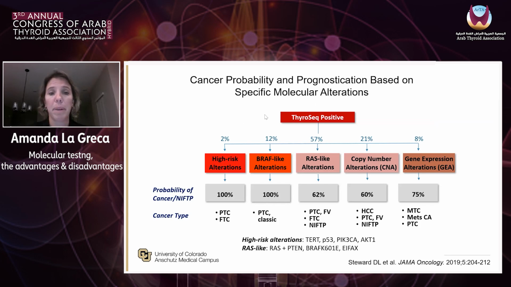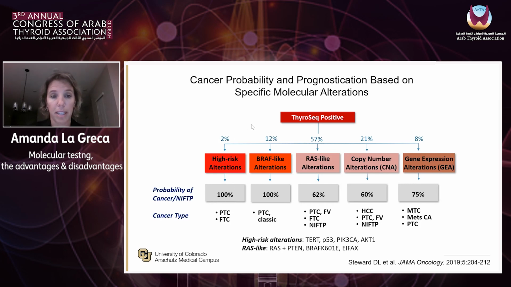For example, in this study, also published in JAMA Oncology, all these cases that were called ThyroSeq positive, 2% of these cases had high-risk alterations, and I put here what the high-risk alterations are, which are TERT, P53, PIK3CA, and AKT1. And 100% of these were called malignant.